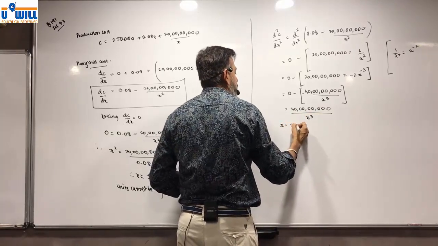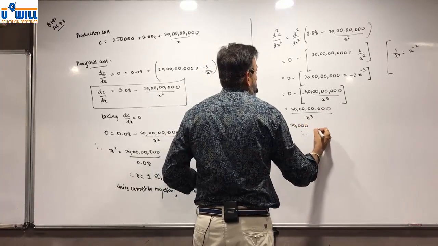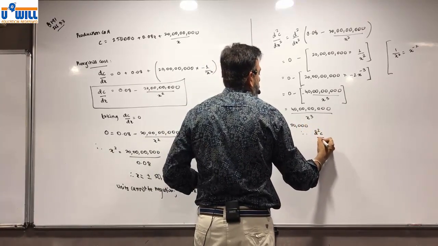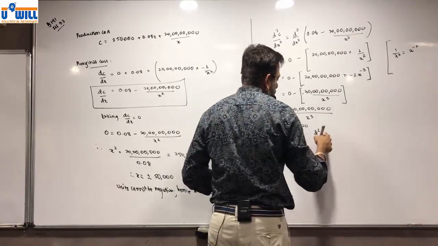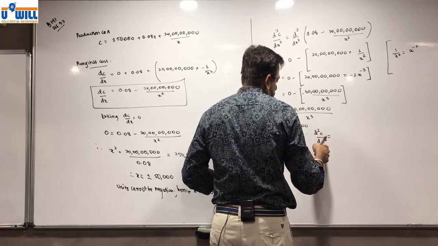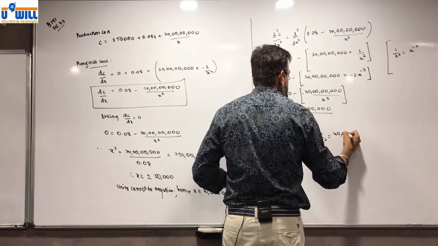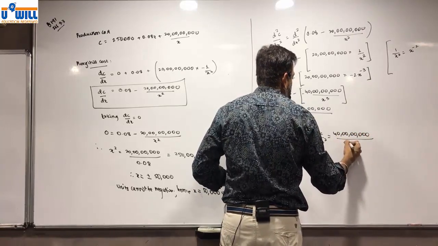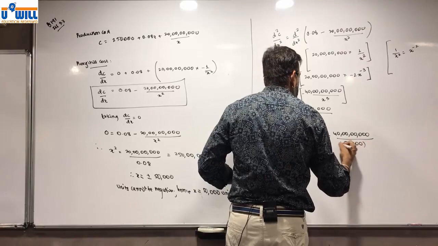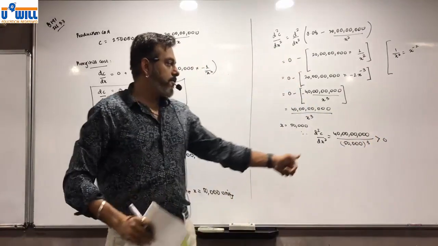x is equal to 50,000. Therefore, the second order derivative of cost with respect to x is equal to 40 crore upon 50,000 raised to 3, which is greater than 0 because it's not negative.